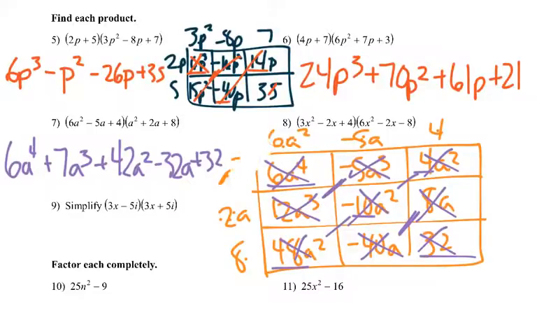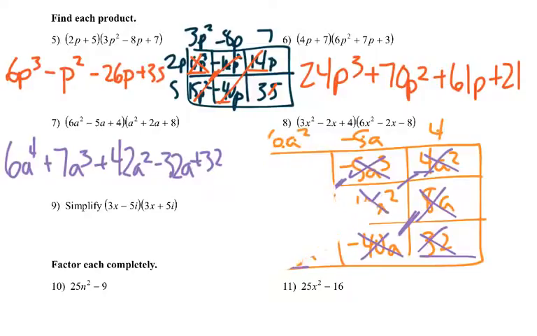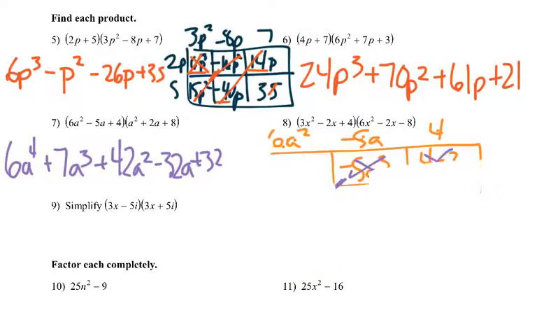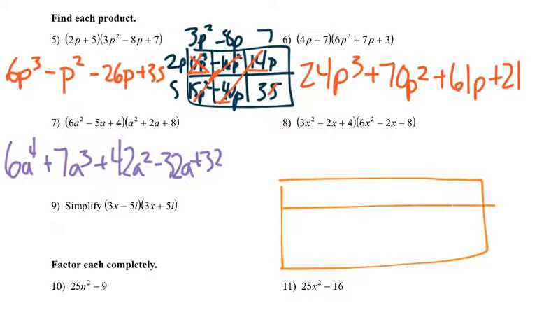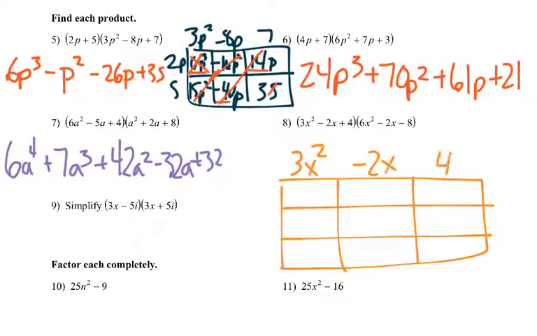Okay, so kind of a process going through it. But you just make that area model, also called the box method by some teachers, and we put it in. So 3x squared, negative 2x, 4, 6x squared, negative 2x, negative 8.